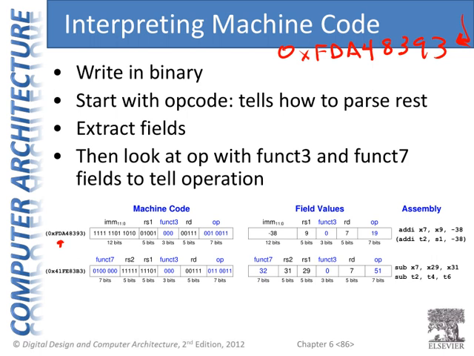Okay, so clearly this number here is a negative number. And then we can write what these are. So this RS1 is 9. RD is 7. And then the function 3 field is 0.